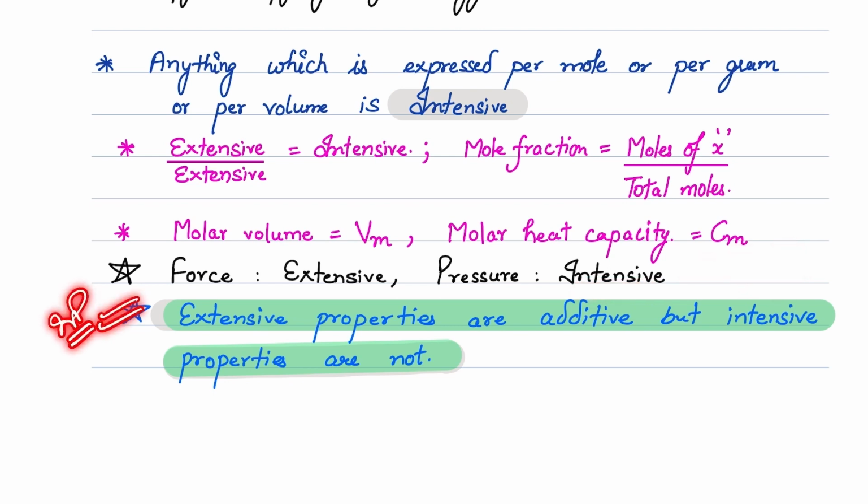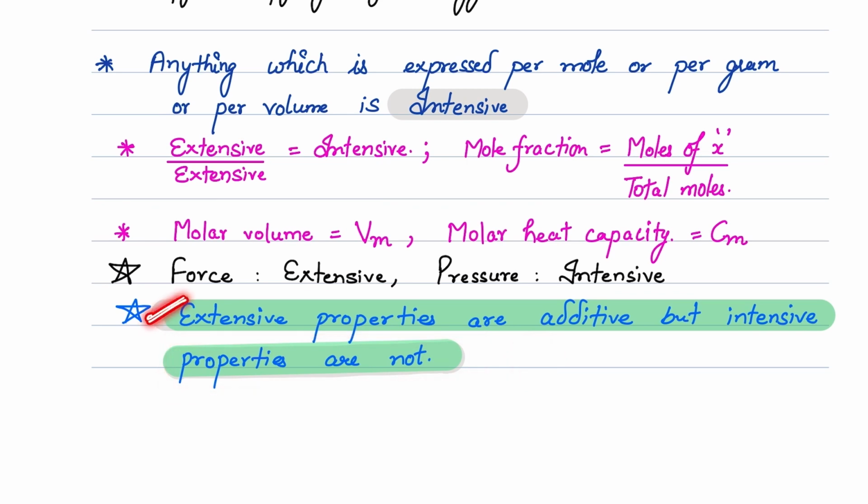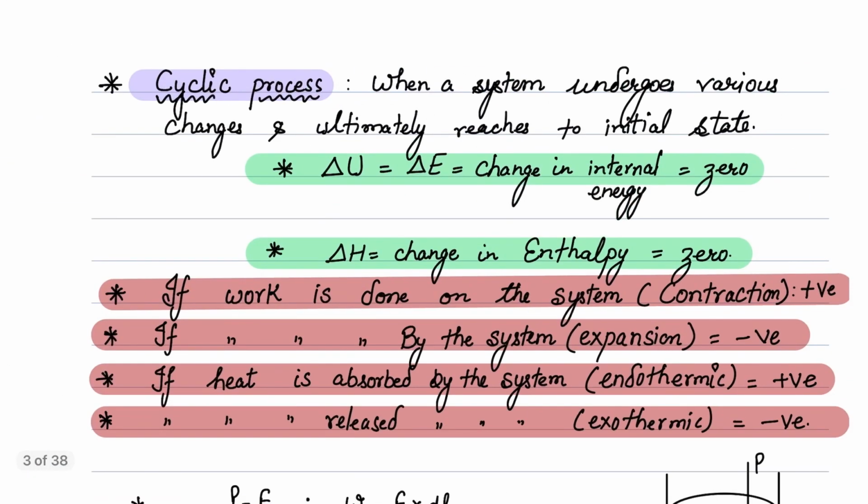This is a very important point to note, that extensive properties, they are additive in nature, but intensive properties, they are not additive in nature. So, please remember that intensive properties are not additive in nature.